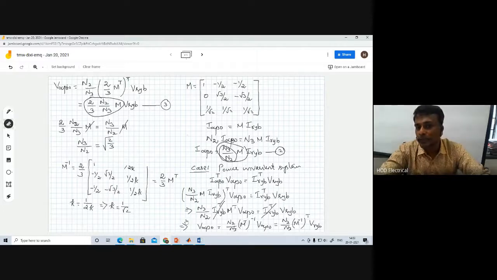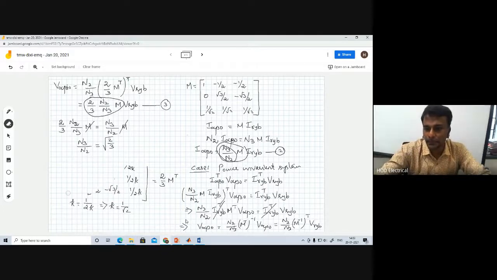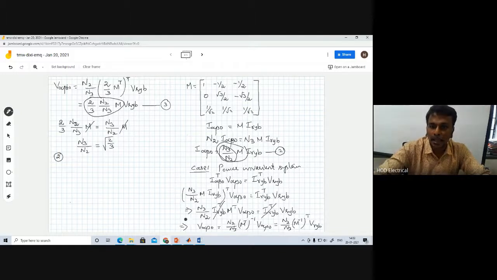Now let me rearrange this equation. The first equation, I alpha beta naught equal to N3 by N2, and N3 by N2 is root 2 by 3. So we have root 2 by 3 M into I R Y B.